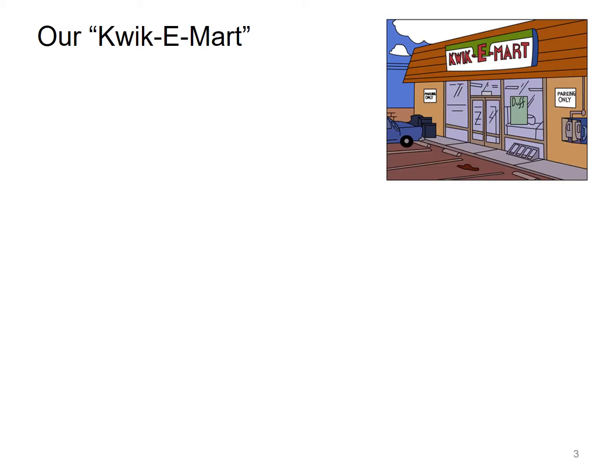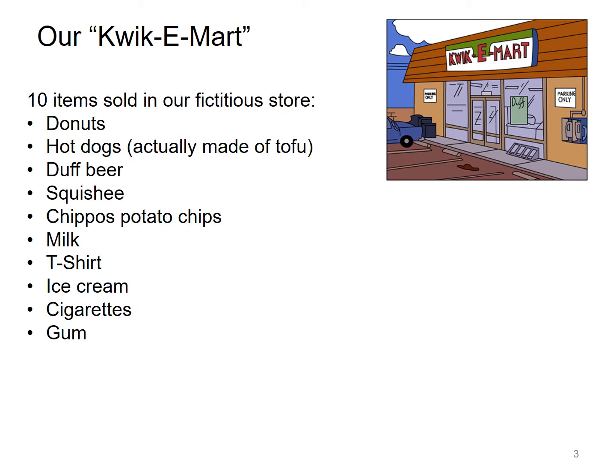For simplicity, let's just assume that we own and operate a single Quickie Mart. This is the Quickie Mart from The Simpsons, and there are only 10 products that we sell in the store. So this is the 10 items sold in our fictitious store. We have some donuts, hot dogs (we actually learn later that they are made of tofu), Duff beer, some squishy chips, milk, t-shirt, ice cream, stickers, and gum.